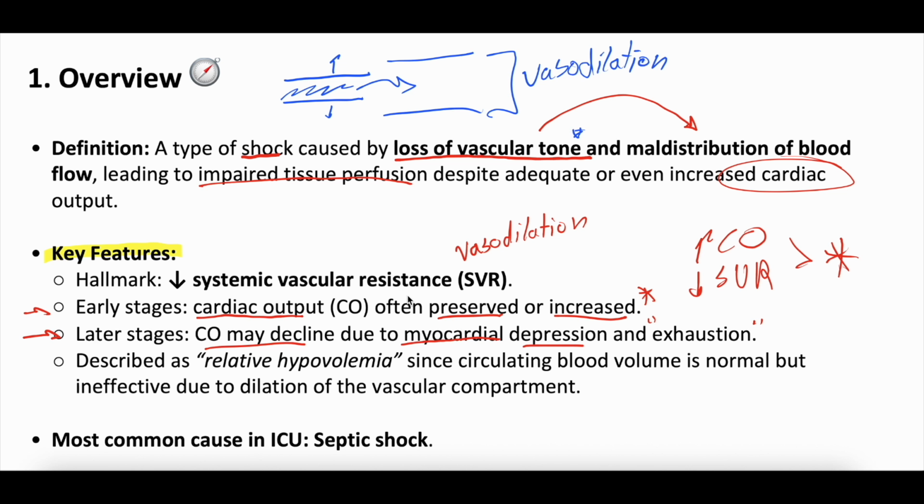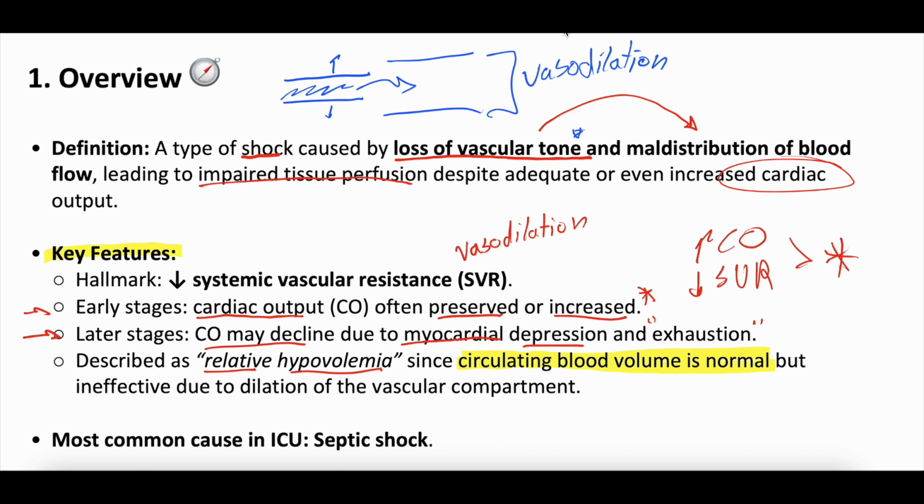People often describe distributive shock as this relative hypovolemia. And we've mentioned this a couple times in this episode already because we think it's really important. The amount of circulating blood volume is normal in distributive shock. Okay? It's not like you've been hemorrhaging blood or that you're super quote-unquote dehydrated. Now, you could be hemorrhaging blood or dehydrated and also have distributive shock, but that's not part of the innate pathophysiology of distributive shock.